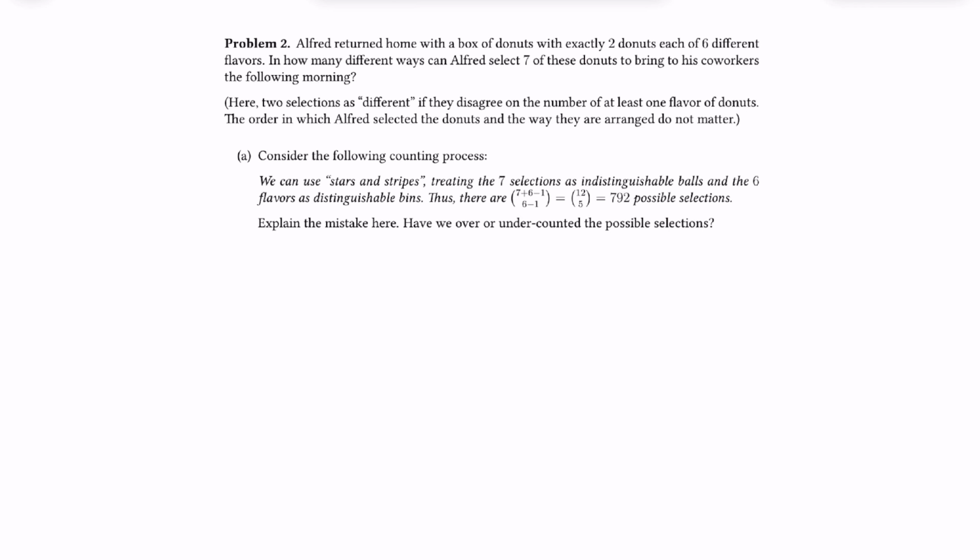So here this person picks 7 as the indistinguishable balls, the number of selections, so n equals 7, and m, the number of distinguishable bins, equals 6, the 6 flavors. We know from lecture that the number of arrangements of n indistinguishable balls and m distinguishable bins is n plus m minus 1 choose m minus 1. So that's where they get 7 plus 6 minus 1, choose 6 minus 1.